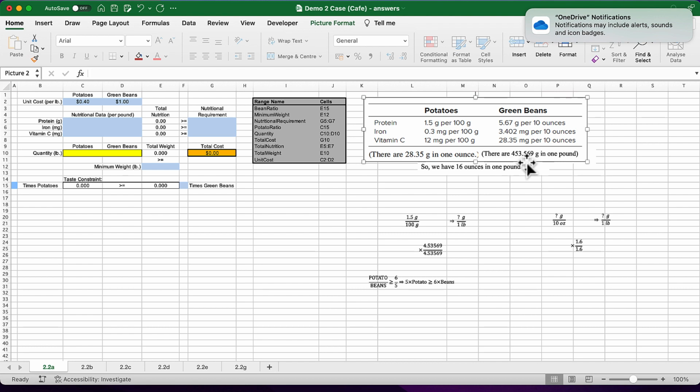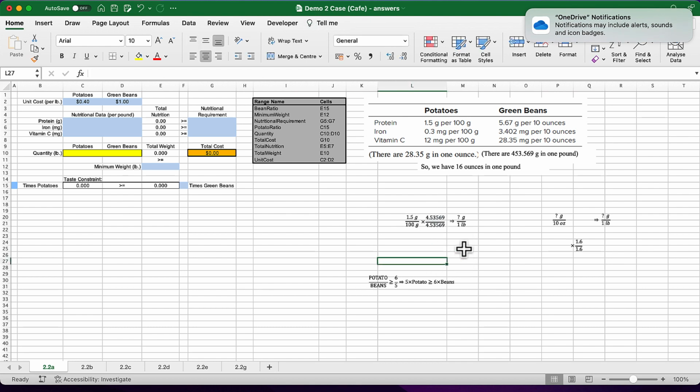So in order for you to view this information from a 1 pound perspective, let's take the example of protein, which is 1.5 grams per 100 grams of potato. But because I'm interested to look from a 1 pound perspective, this is the conversion that I'm supposed to be doing.